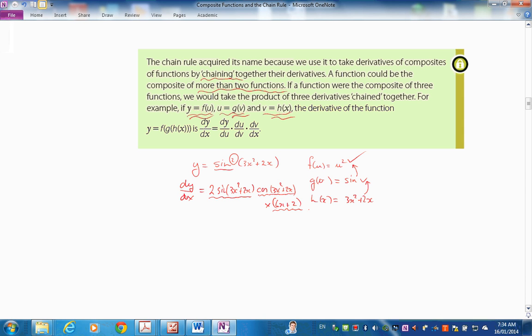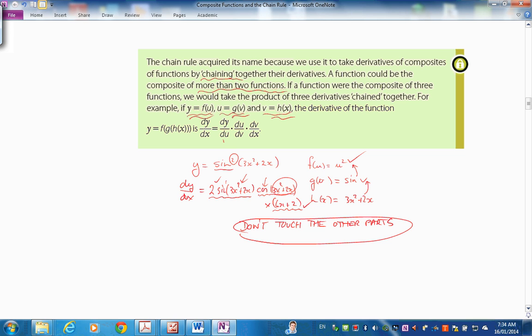Please note, as you do them, don't touch the other variables, don't touch the other parts of the function. Just concentrate on what you're doing there. So when we're doing this power to the 1 less power, 2 sine, you don't touch that. And when you're doing the derivative of the sine, which is cos, you don't touch that. And then you finally get the derivative of that at the end.